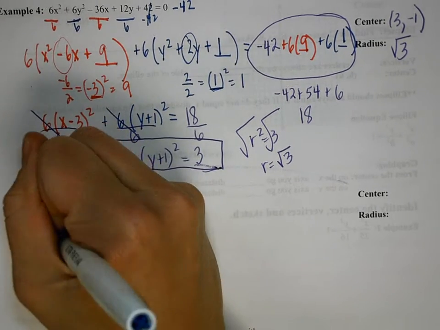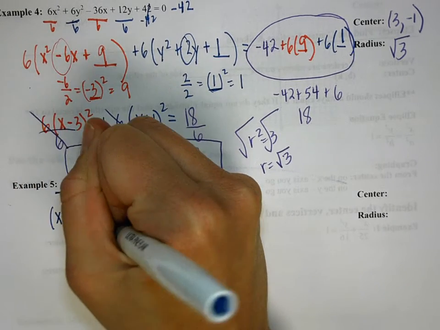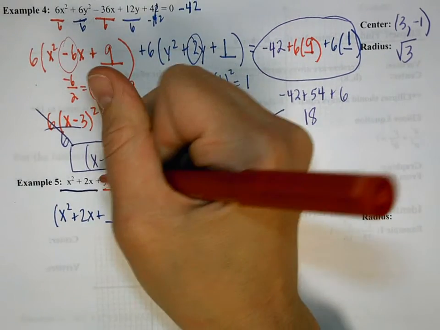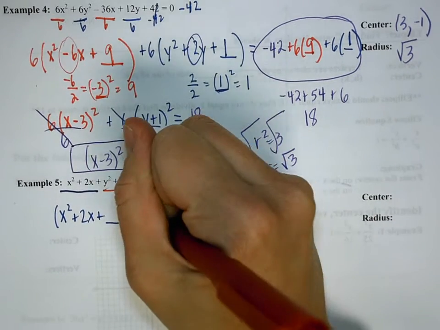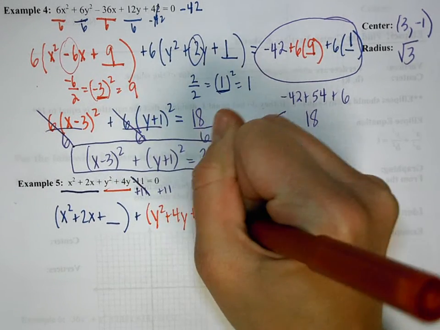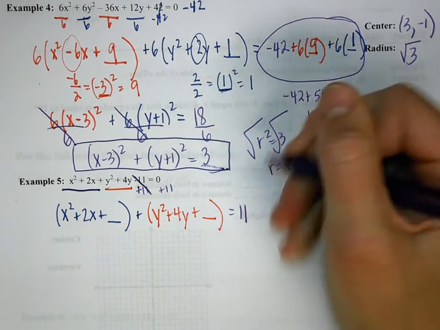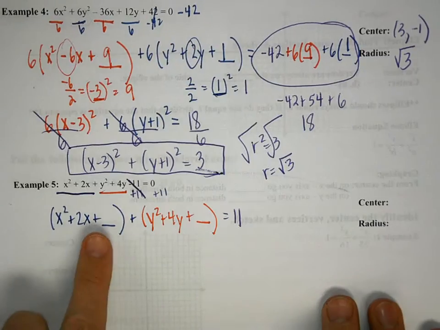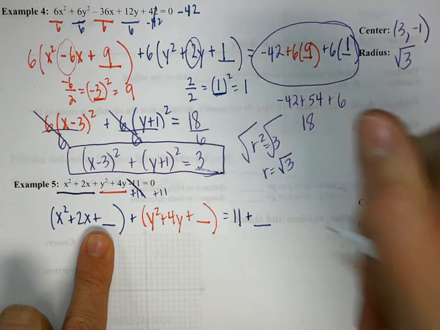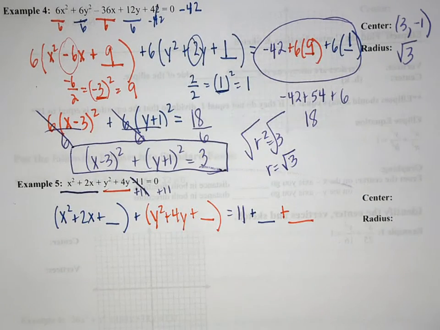So I have parentheses, x squared plus 2x plus blank, plus for my y's, again, I don't have a number in front, so I don't have to factor anything out. So I have y squared plus 4y plus blank. And then this equals, and I have an 11. And then I need one blank. There's nothing in front, so I don't have to write anything over here. So I have a plus a blank for my x. And then I also have plus a blank for my y.